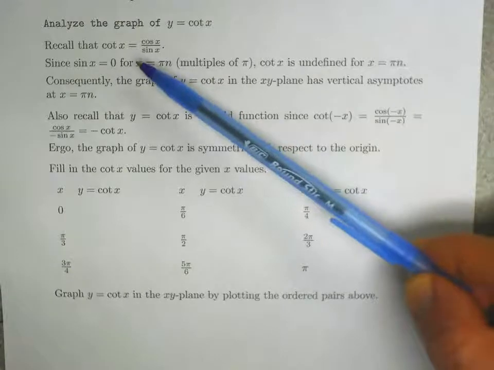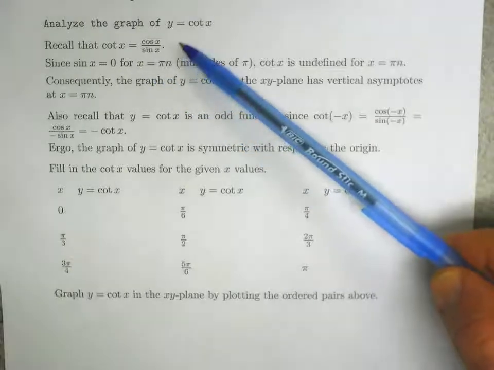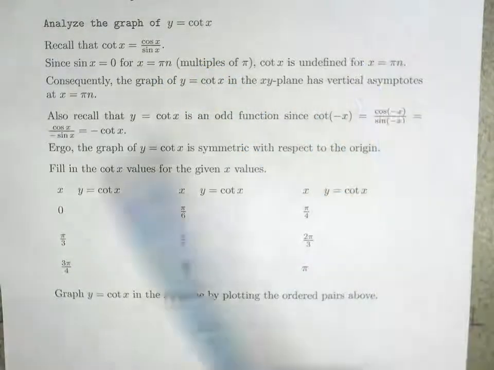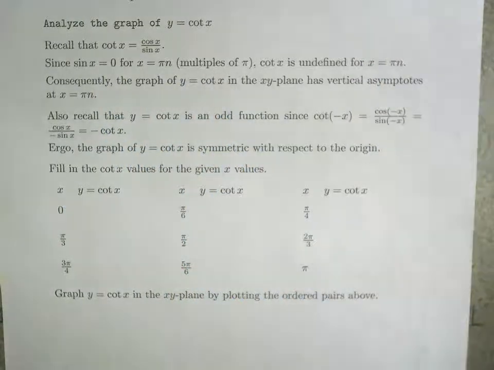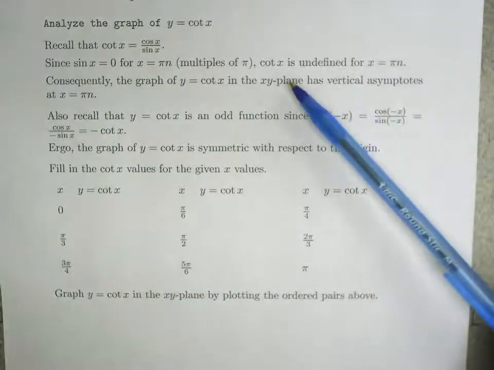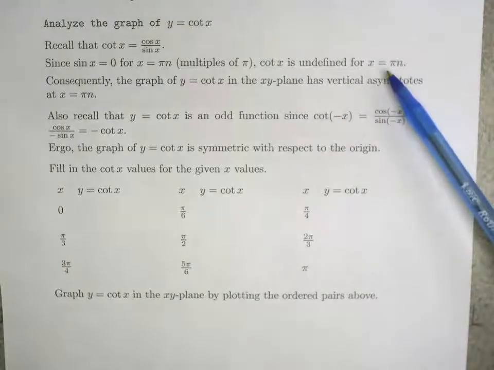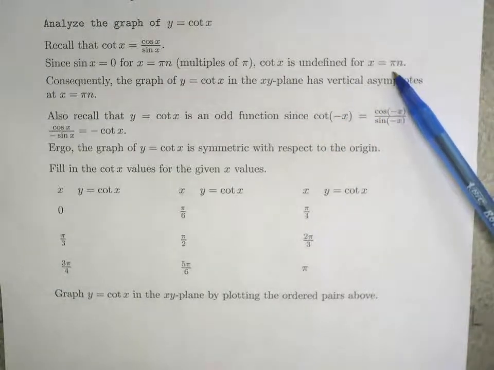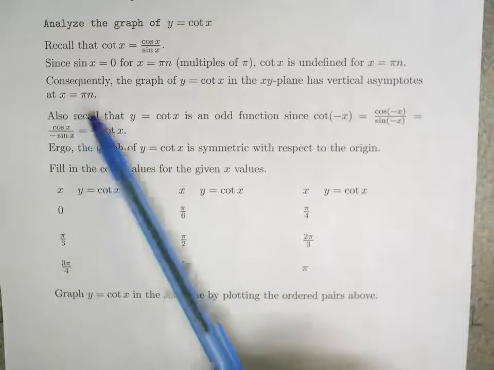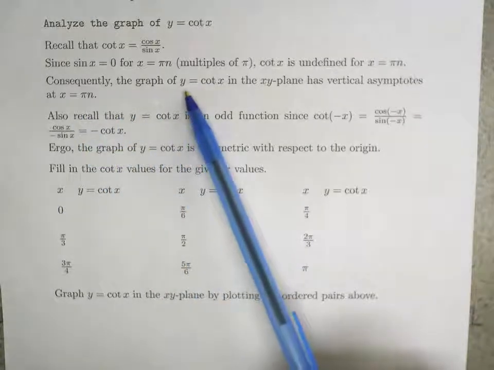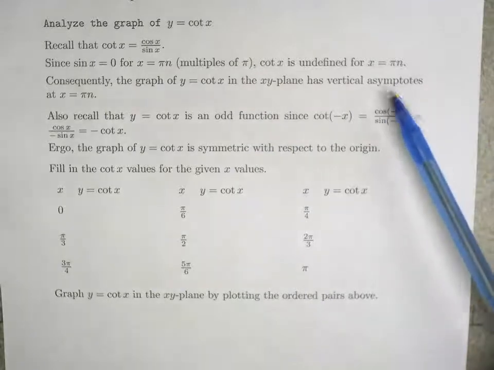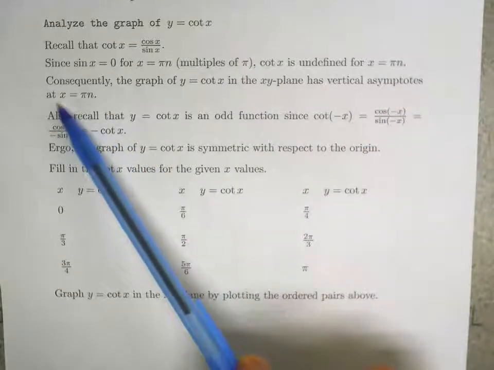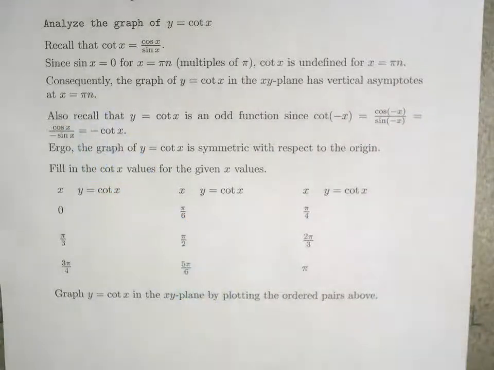So cotangent of x is cosine of x divided by sine of x. And since sine of x is equal to 0 for multiples of pi, cotangent of x is undefined for integer multiples of pi. So that means that the graph of y equals cotangent of x in the xy plane has vertical asymptotes at the integer multiples of pi.